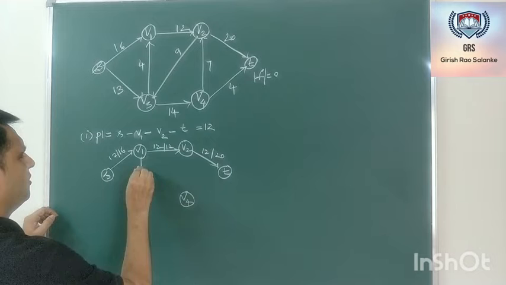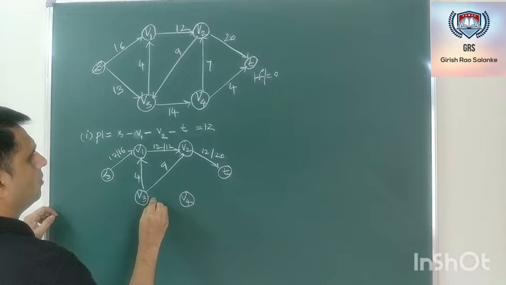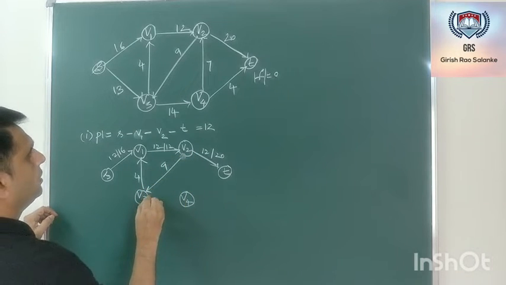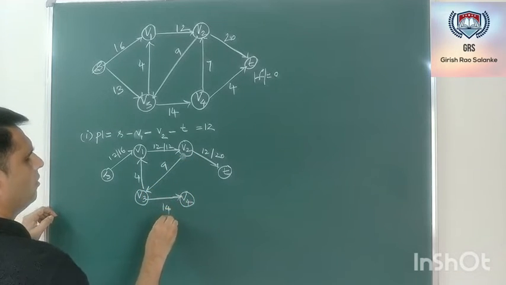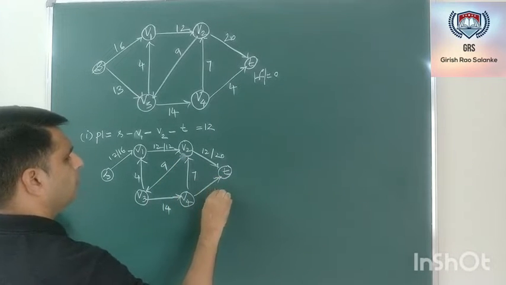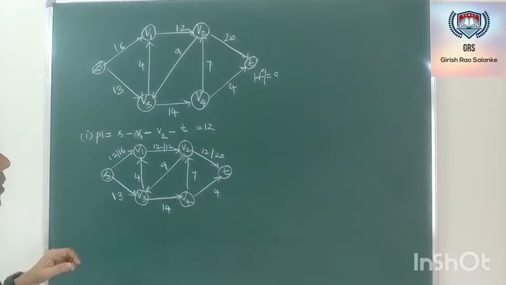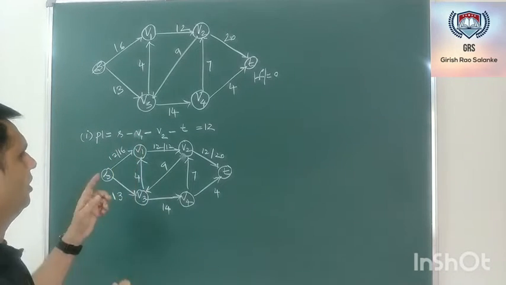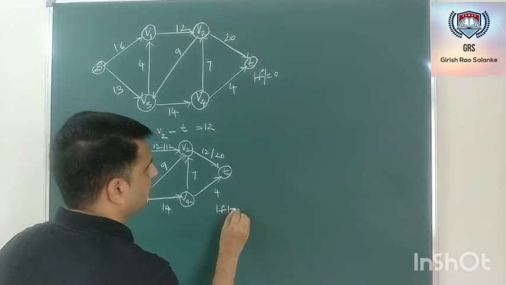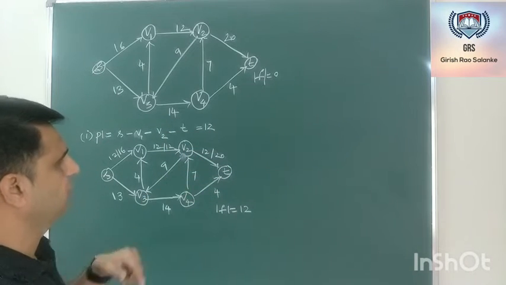All other edges have no change. The direction is from V2 to V3. Now, considering this, what is my flow? The flow has increased from 0 to 12, because I have 12 units of data coming towards T.